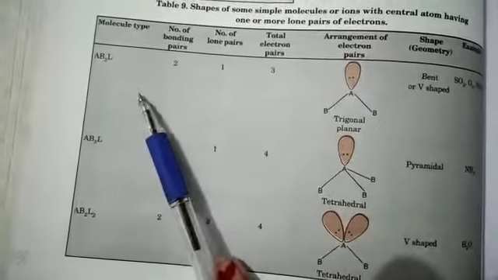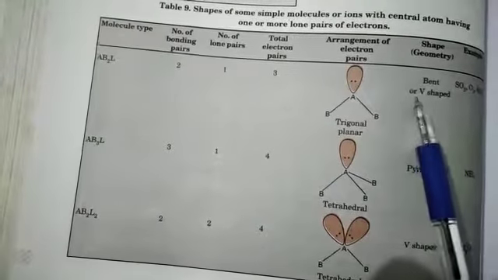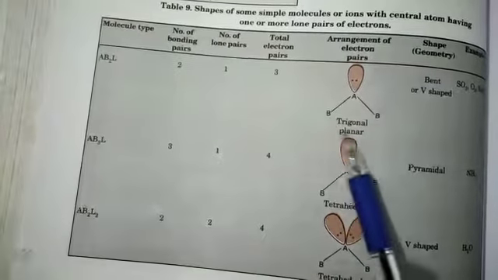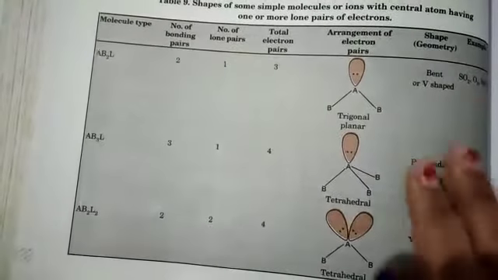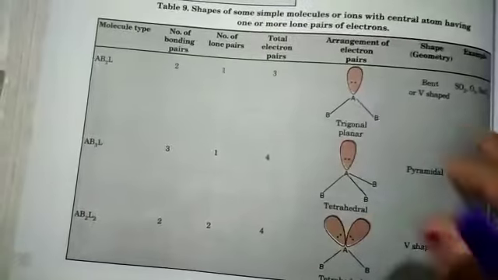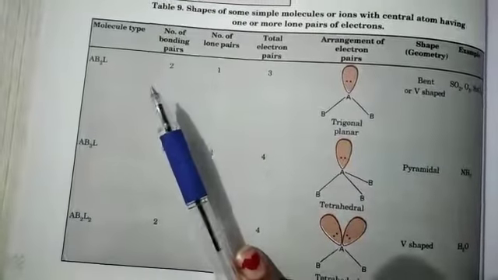In that case, the shape will be bent, or you can say V shape. Sulfur dioxide and the ozone molecule are very good examples of this type.